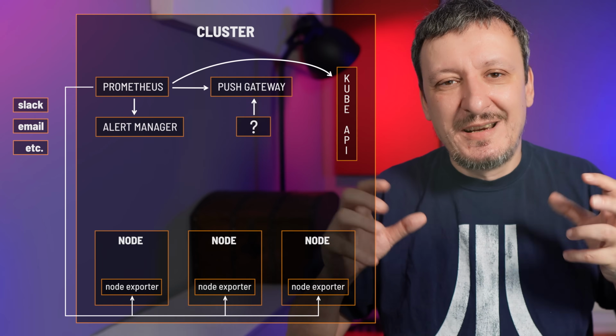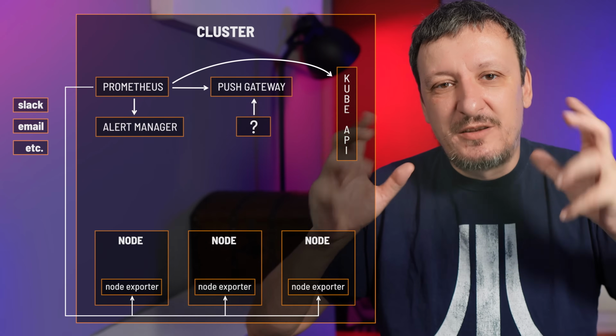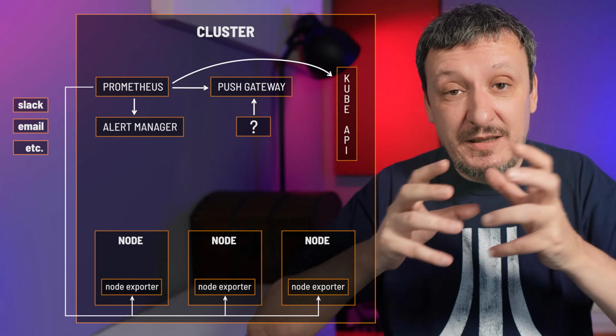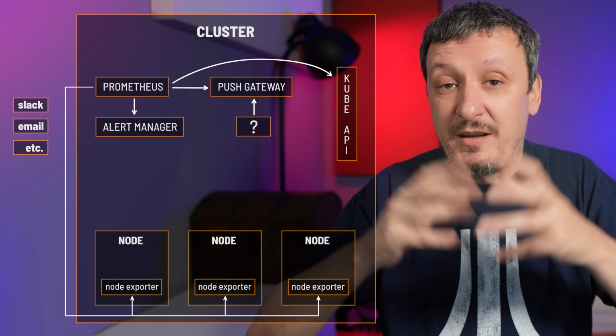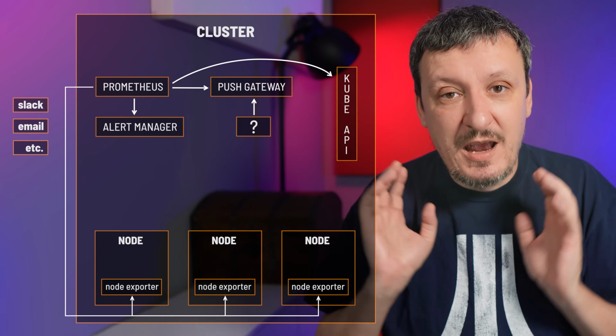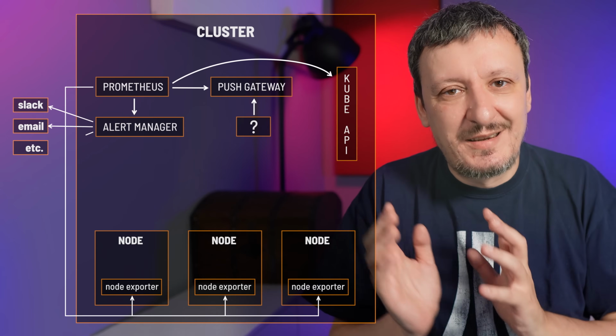So alert manager is in a way querying Prometheus periodically and saying, hey, is this okay? If it's okay, then there's nothing for me to do. If it's not okay, I'm going to send notifications somewhere.